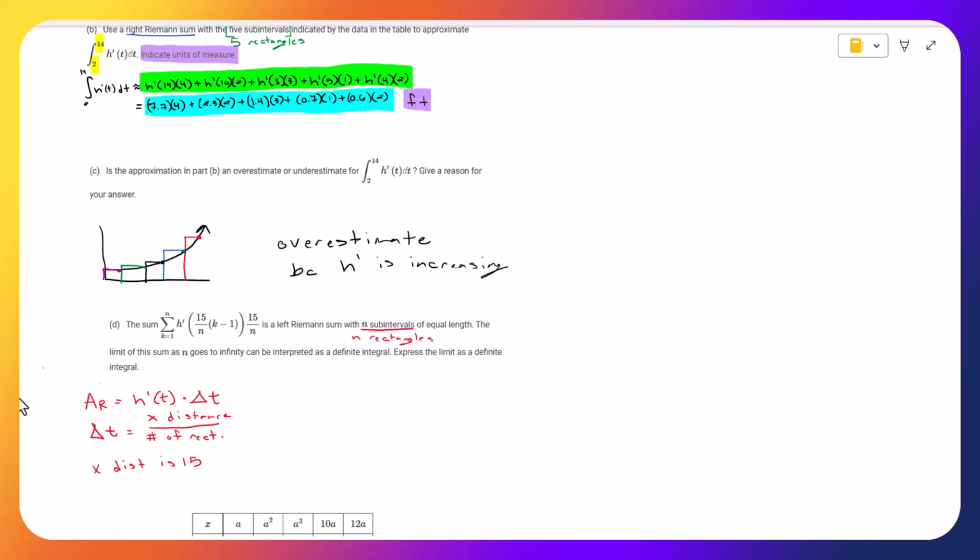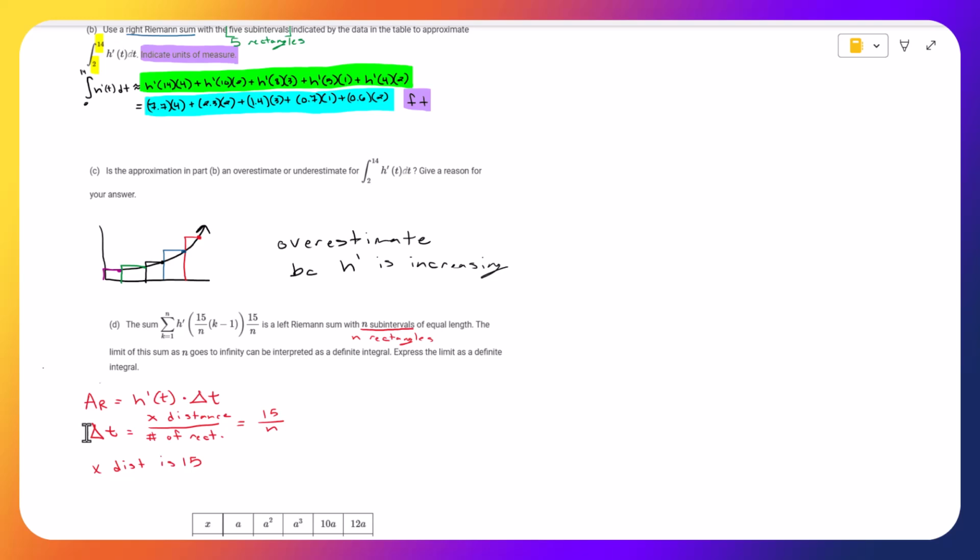Okay, so what is our delta t? Well, our delta t equals 15 over n. Why am I writing that there? Well, it turns out this is actually one of your points. Noting that our total distance is 15 is worth a point. So I'll highlight that in yellow.